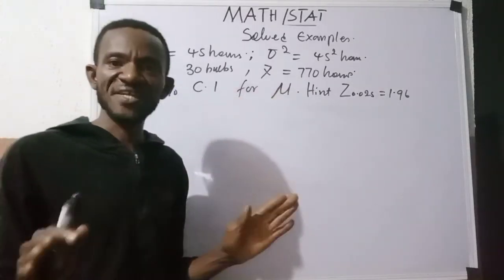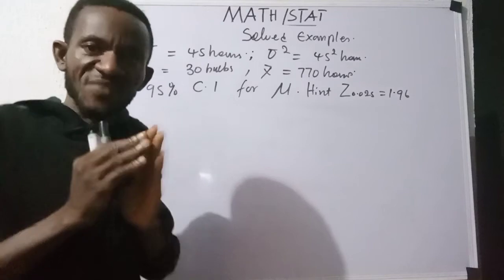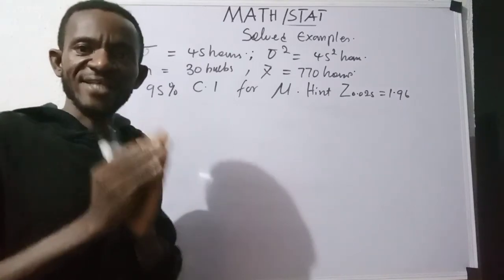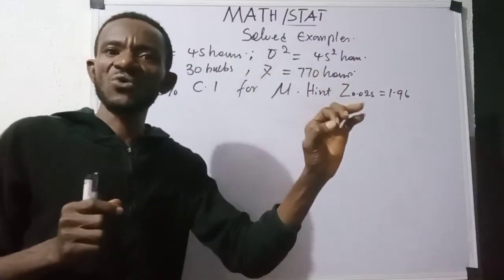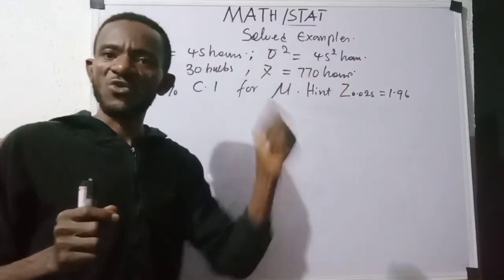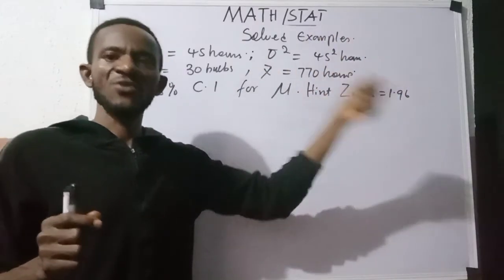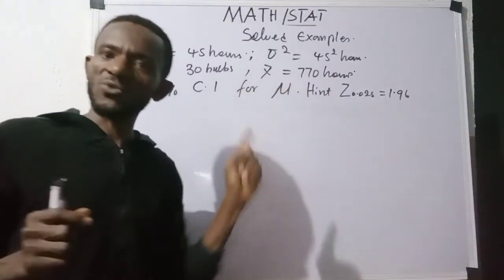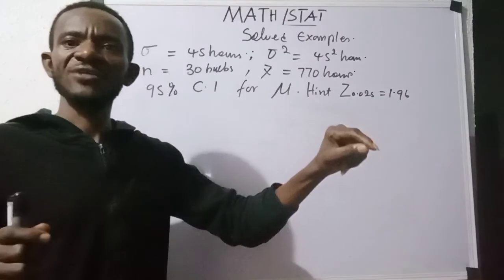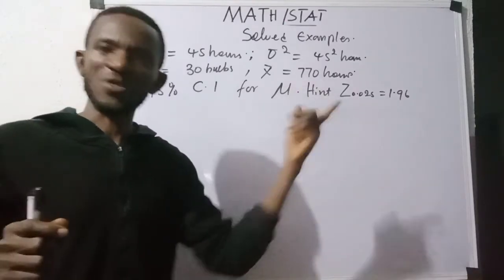Very simple. We ask ourselves the question: this question given to us, in which category does it fall? Does it fall in the first category where our n is large, greater than or equal to 30, and our sigma squared is known?